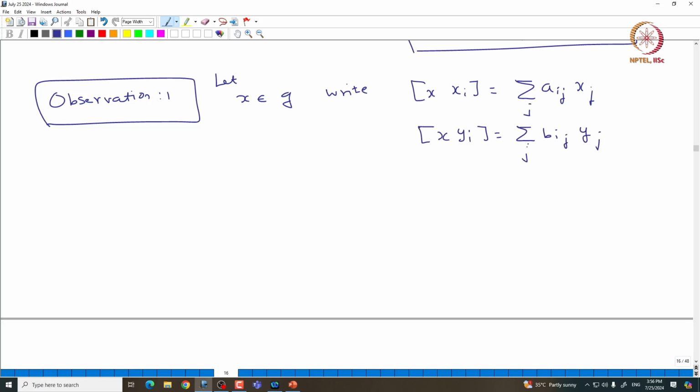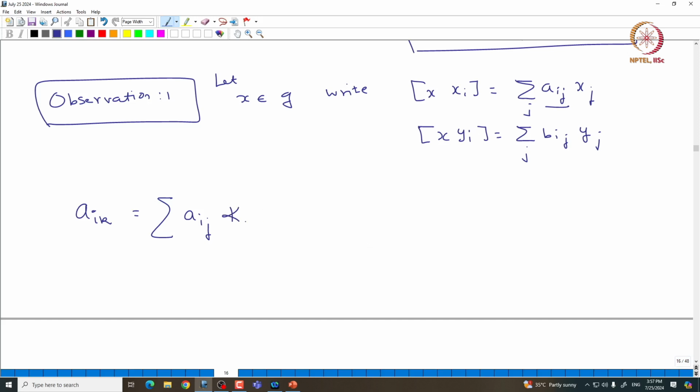Then we can easily see, using this associativity, that we have the following observation about a_ik. So, this is the same as what is appearing inside this summation a_ij. So, this is going to be the summation of a_ij, because the kappa is going to give you delta_ij.